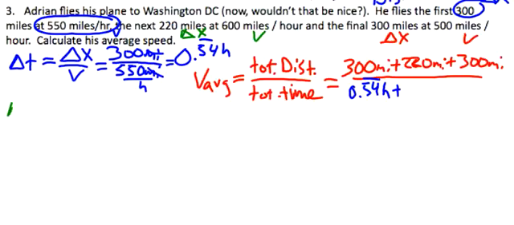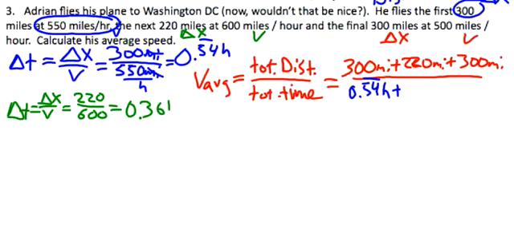The second time, calculate the same way. I've got that distance and the velocity, distance over velocity, 220 miles over 600 miles an hour. That will give me 0.36 hours. And I can put that in here. I'll calculate the last change in time.